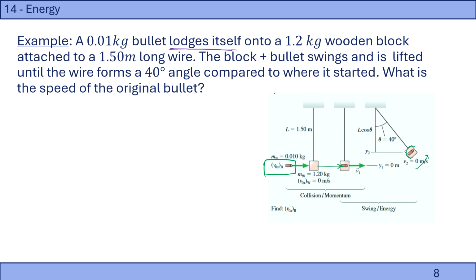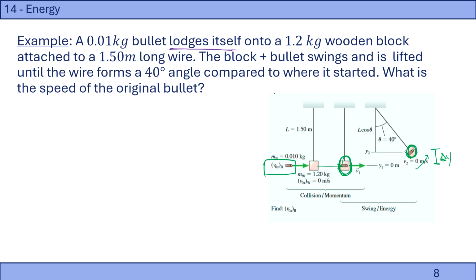Look at the block and bullet, and we can ask about either momentum or energy. The fact that it's been lifted up by a small amount, let's call it delta y, makes me think about the fact that it has increased in potential energy, U_G, compared to the state over here, which you can call the initial state of the second part of this action.